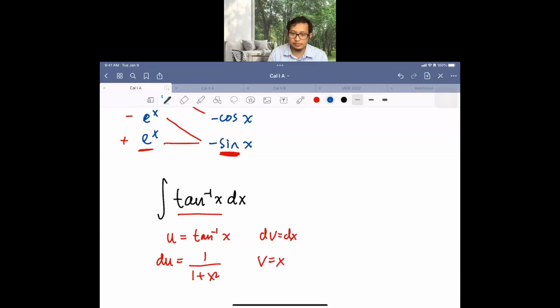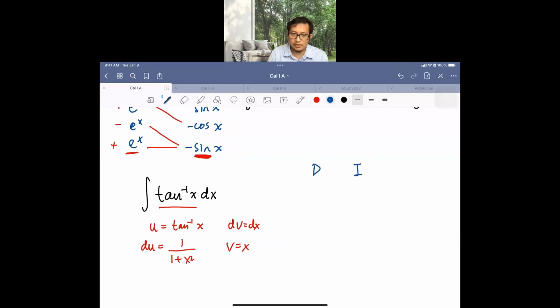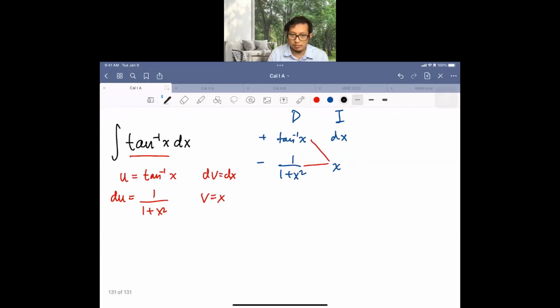And we could also write it in the DI form. Still the same conclusions. So we multiply, and then arrange in our structure. This will be x tangent inverse x, and then minus the integral of x over 1 plus x squared dx.